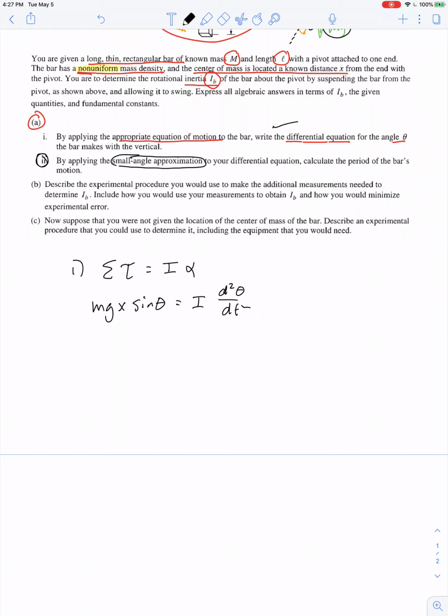So let's clean up our act a little bit here and simplify this expression. We have the second derivative of angle with respect to time is equal to mgx over I times sine theta. Now I'm actually missing something. I believe this should be a negative mgx sine theta, and that's due to the idea that the torque is restoring.